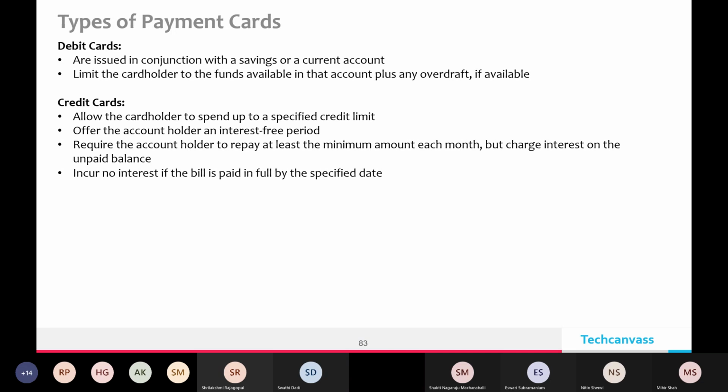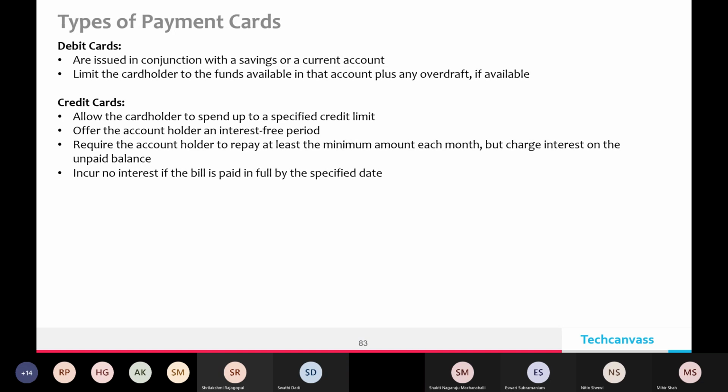And effectively, if you look at the banks or financial institutions, they are offering free credit cards to the customers, and they are also giving a free credit period. Even whenever you do certain transactions, sometimes they give some offers, and for some specific merchants they give additional offers.